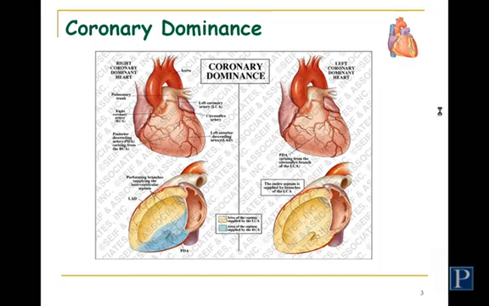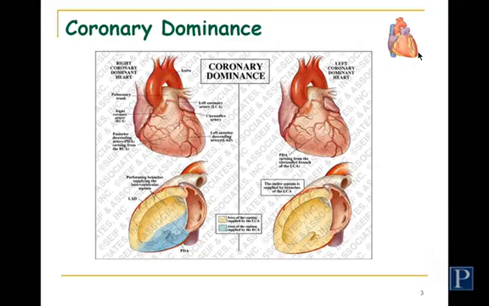The coronary circulation, we can refer to either a right coronary dominant heart, a left coronary dominant heart, and sometimes, in about 15% of the population, they have what we call codominance. Now, what does it mean by saying right coronary dominant or left coronary dominant?